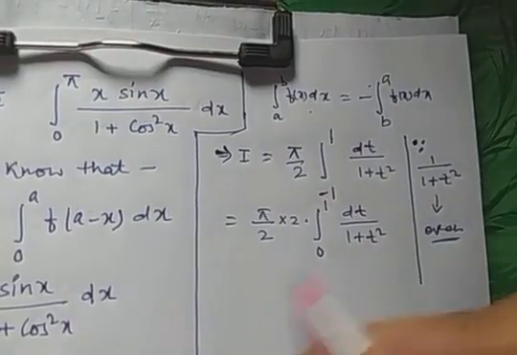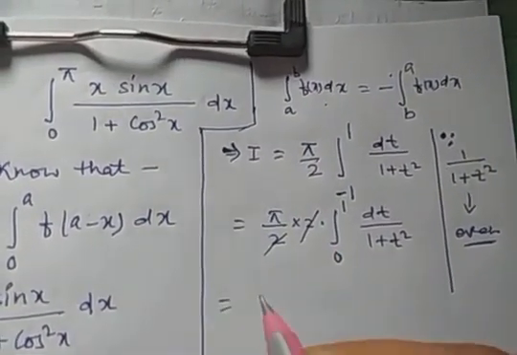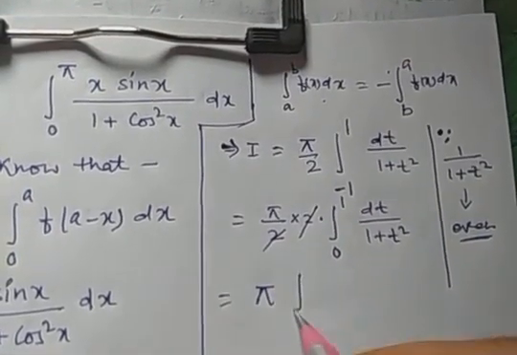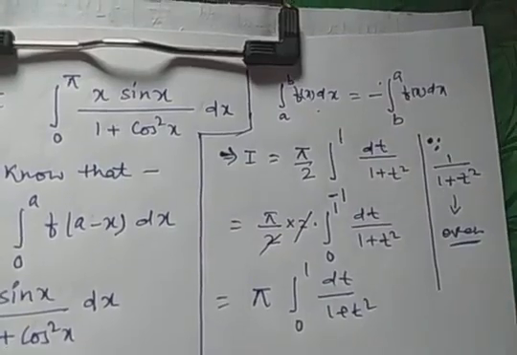Okay. Now this 2 and this 2 will be cancelled, equal to pi into integration from 0 to 1 of dt upon 1 plus t square.